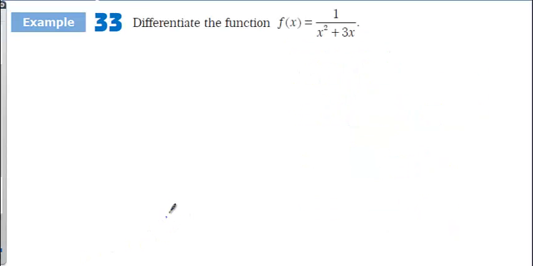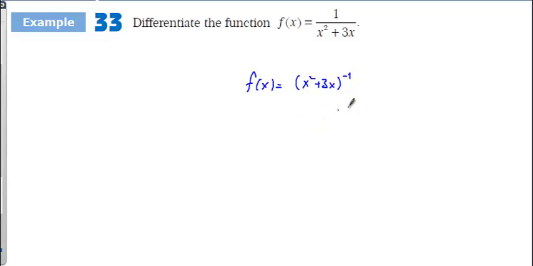This is the last exercise about our question type. Here we have 1 over (x squared plus 3x), with x squared plus 3x in the denominator, and we could apply the division rule. With the quotient rule, which we learned in the previous lesson, we can solve this question, but here the power minus 1 can also be used. f(x) is equal to (x squared plus 3x) to the power of minus 1.